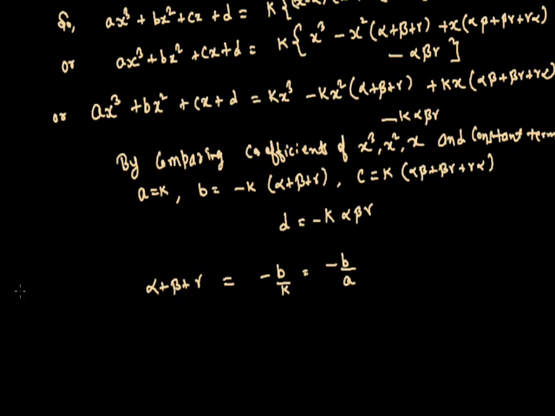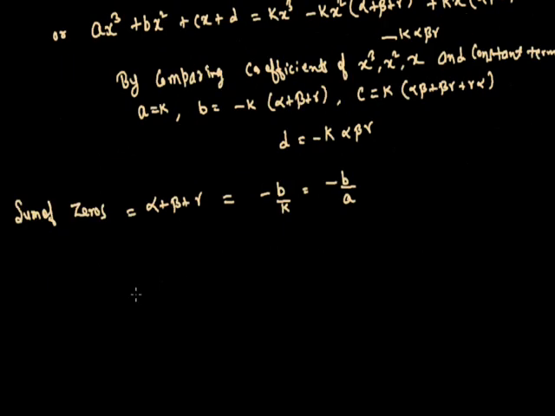So sum of zeros, alpha plus beta plus gamma, equal to minus b by a, where b is the coefficient of x square upon the coefficient of x cube.